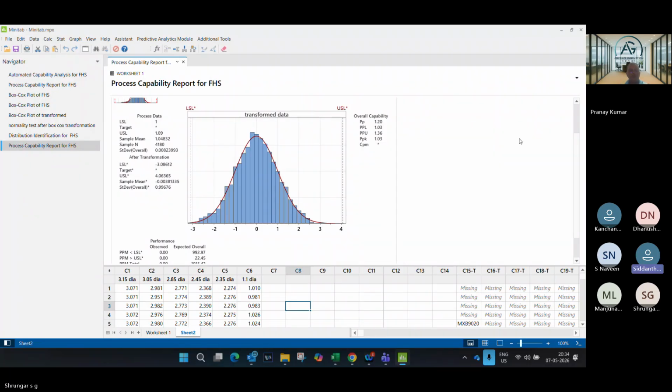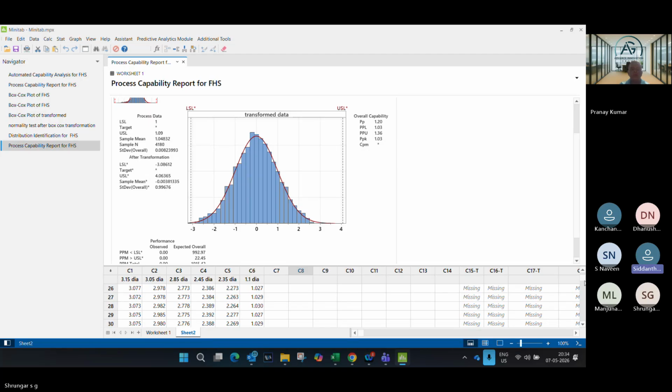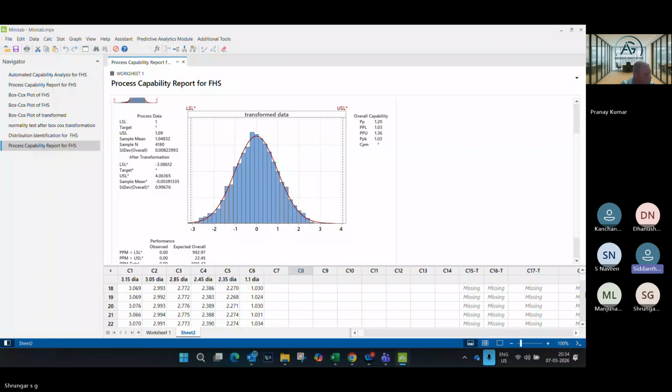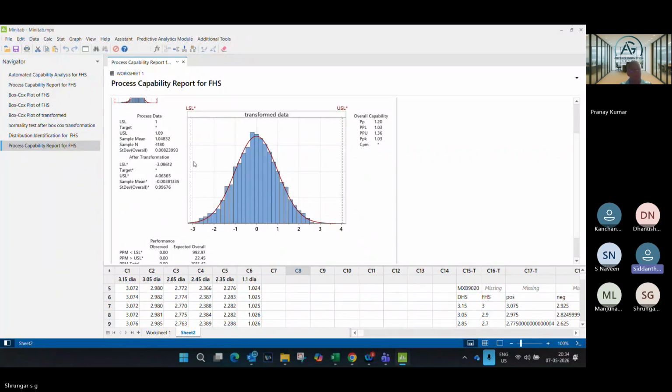So what can be done? That's the same doubt I have. For normal distribution, we'll get the CPK in Minitab, but for non-normal data, we'll get the PPK. So you will have to transform your data. Sir, after data transform also, the normality fails. Then you should change it. The new data should ideally be normal or near normal.